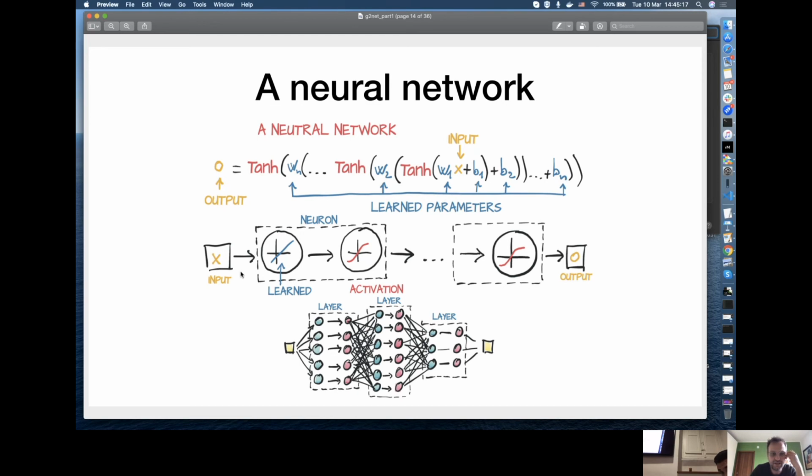And you can see that the learned part is the linear part, and then the activation kind of saturates the response. The activation is not learned, as we have seen.